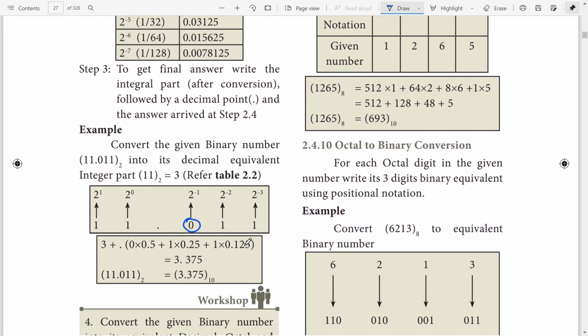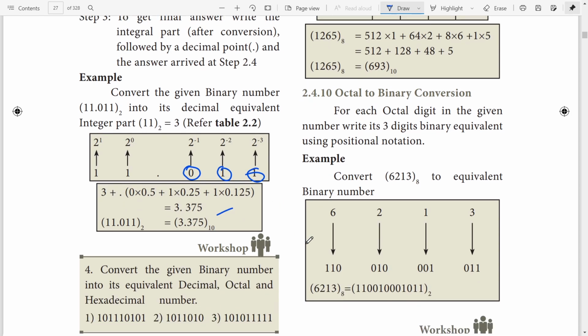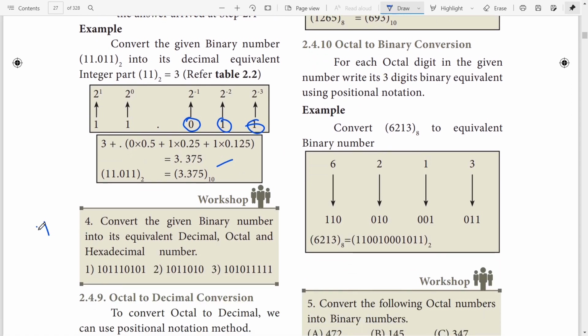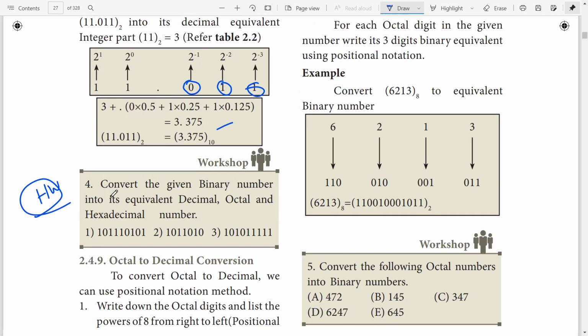And again 2 power minus 3 is 0.125. Again you are going to multiply it by 1. After multiplying, you are going to add with 3. The answer is 3.375. This is also your homework which you can convert very easily.